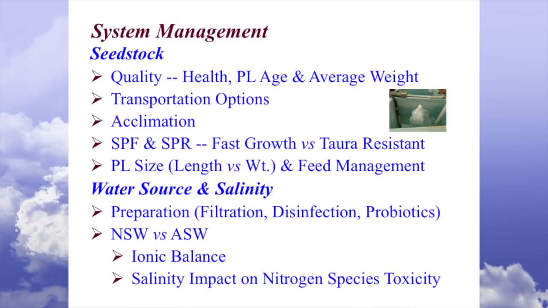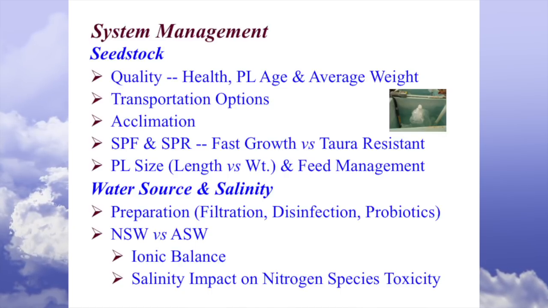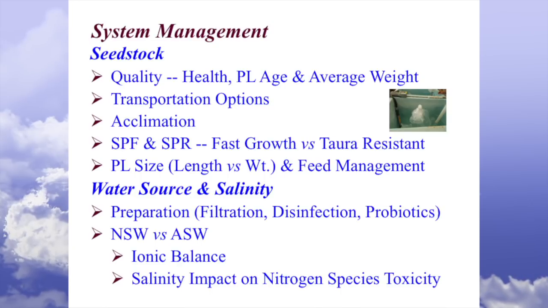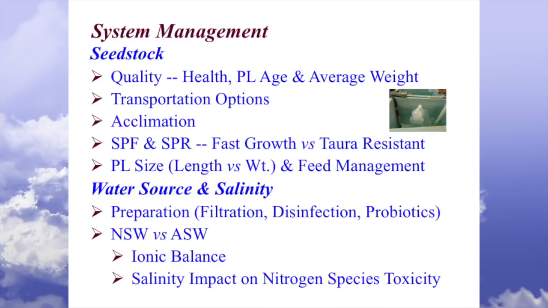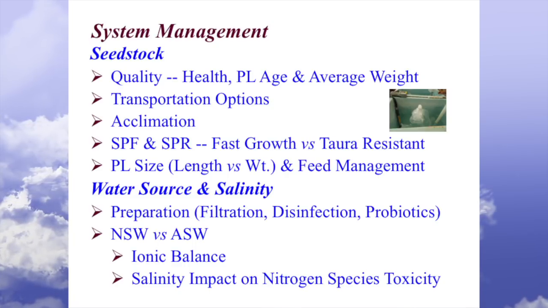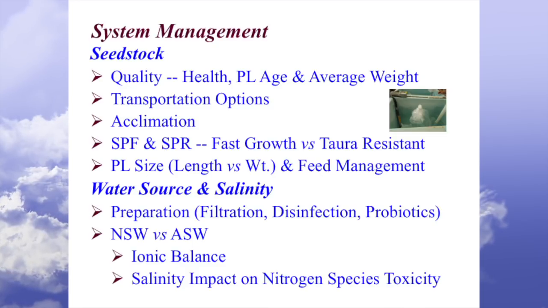Proper acclimation is also important. Bear in mind that generally you get the shrimp in low pH, so do not increase the pH very quickly. Take care of it. On quality, SPF, we stressed it yesterday, as well as the fast growth line, the Taura resistant line, and other lines that might be available. And PL size, as I mentioned earlier, you need to be aware of it and manage your system accordingly.